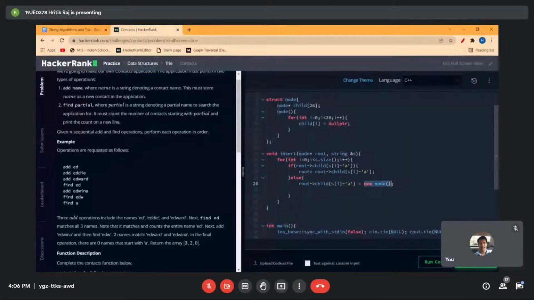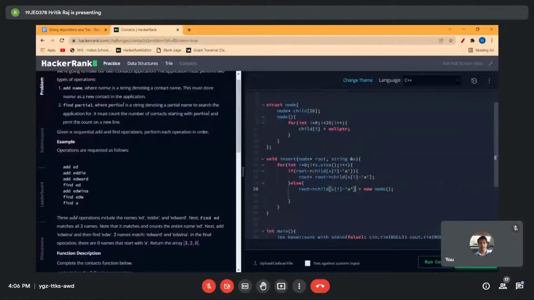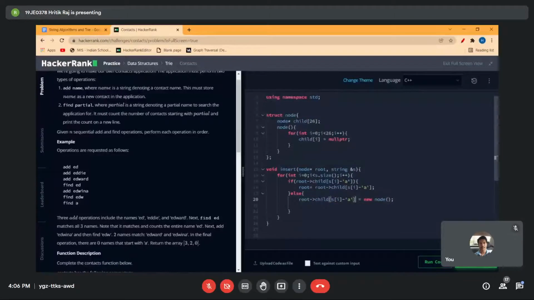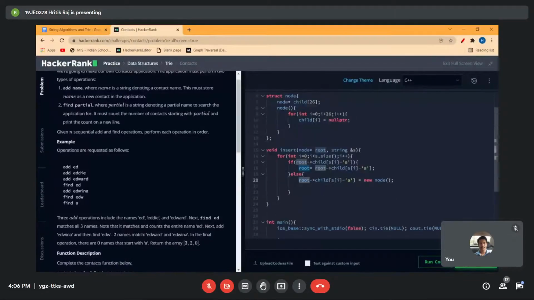This will allocate the memory for the node, and we are assigning the address to the child of this present root node. You can refer to pointers for this: there are special keywords, new and delete.